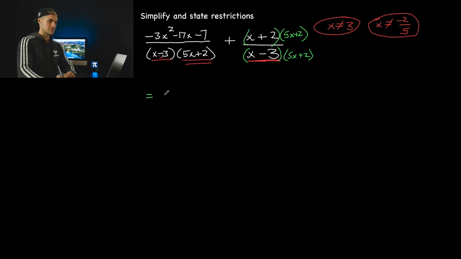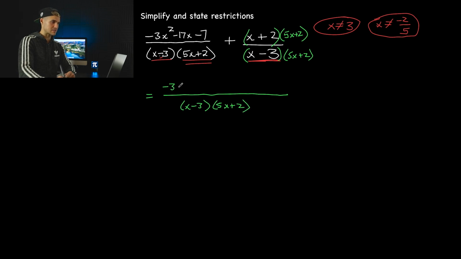So we're going to have our common denominator of x minus 3, 5x plus 2. Now this first expression already had that, so that's going to stay the same. 17x minus 7 plus, and then over here we're going to have the x plus 2, 5x plus 2.